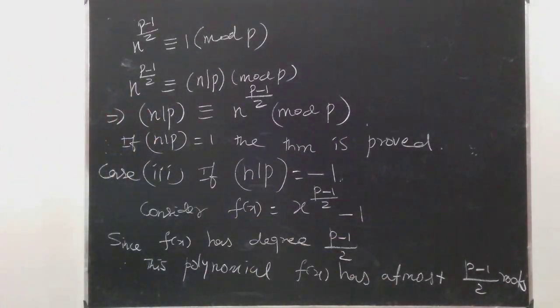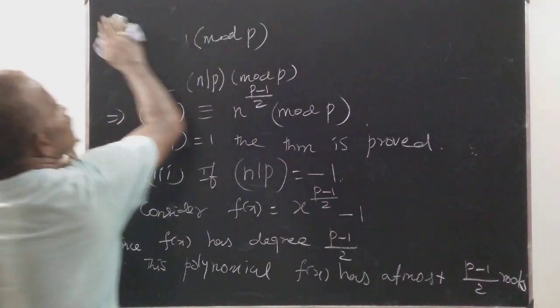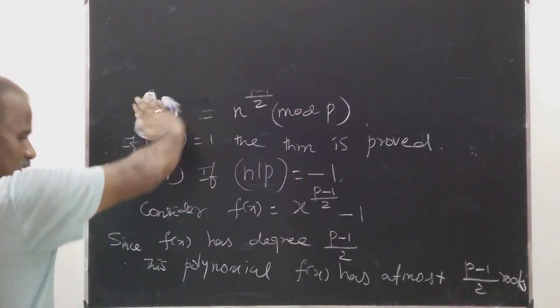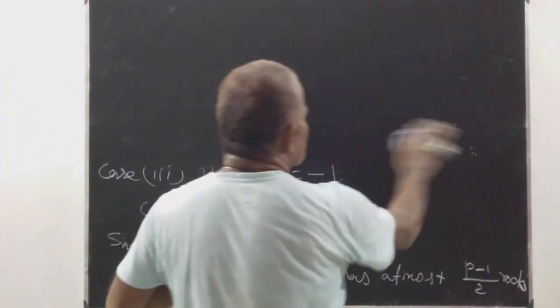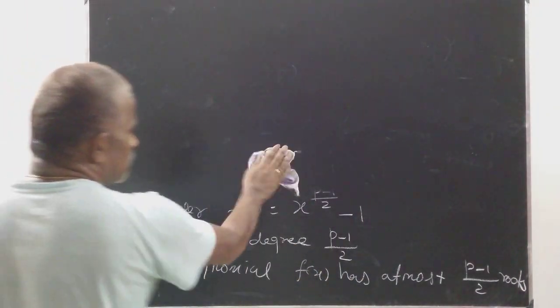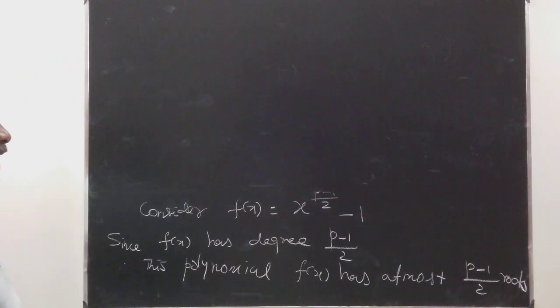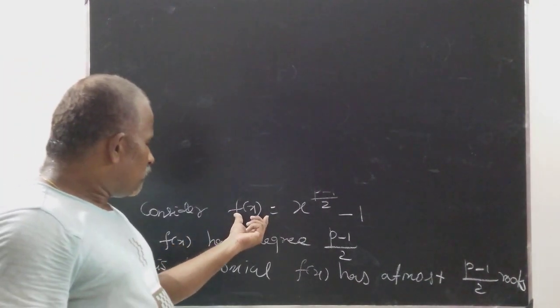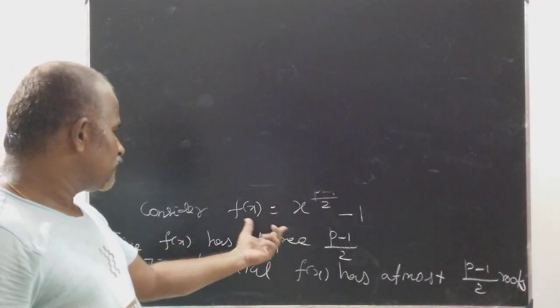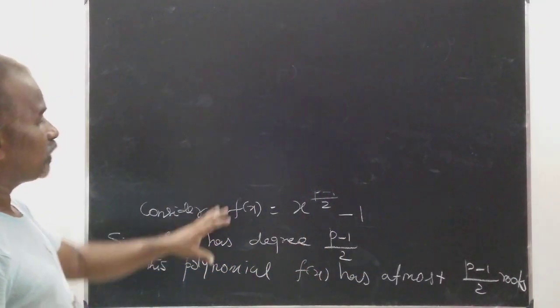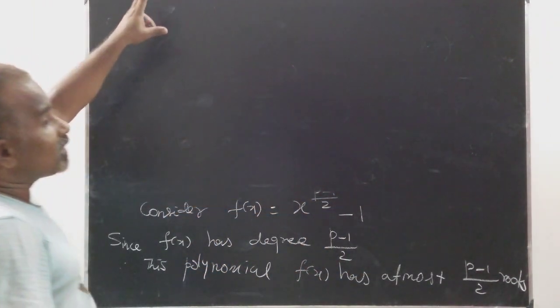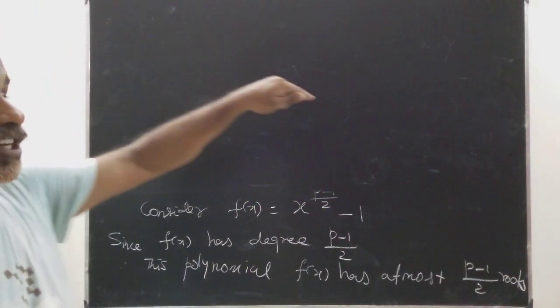Therefore, at most (p-1)/2 roots. So maximum roots is (p-1)/2 roots.